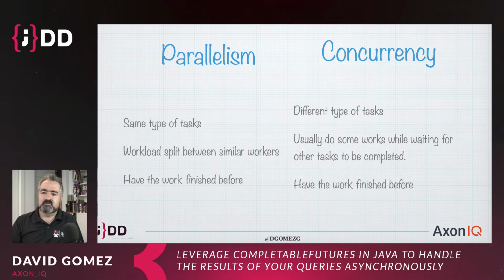But this time, we are dealing with different kinds of tasks, and probably tasks that don't entirely depend on us. Maybe we are going to ask some external system, and that external system is going to take some time to answer and give the results. So we want something that allows us to run some other code while we are waiting.